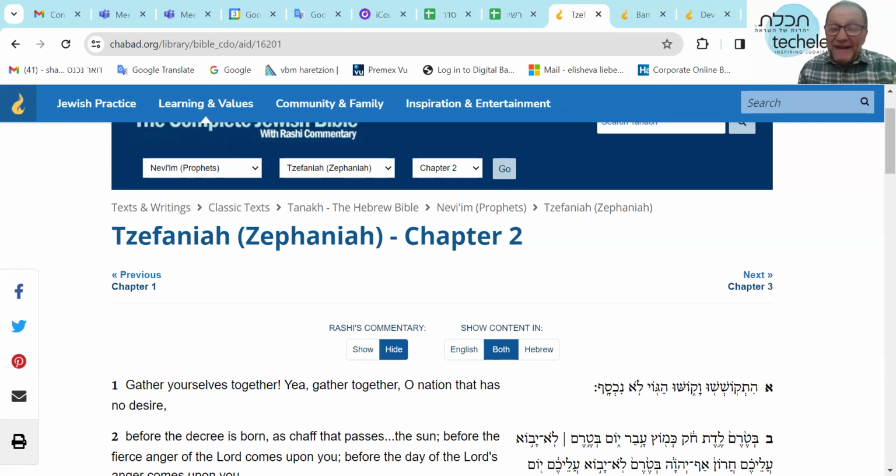So anyway, in the second pasuk of the second chapter of Zephania, it says hitkoshishu v'koshu. Rabbi Steinsaltz says gather yourself together, gather together, and that's the translation given wherever you look, really.